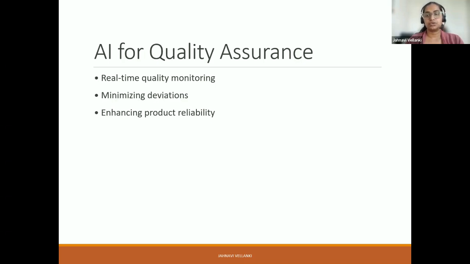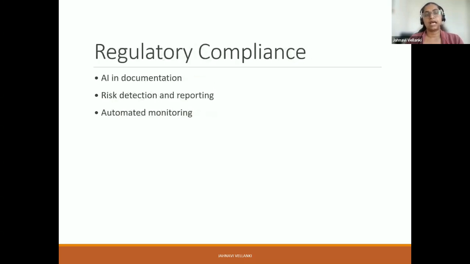Using AI in quality assurance has led to stronger decision-making processes within pharmaceutical manufacturing, minimizing deviations and improving product reliability. And how about regulatory compliance?